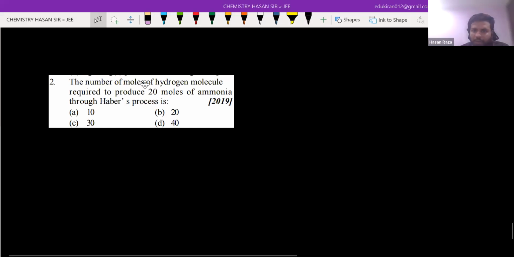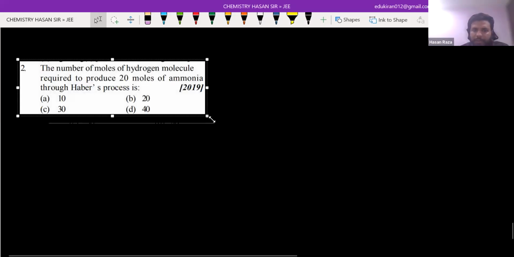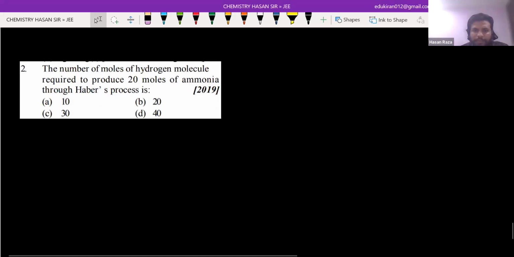I'll be explaining this limiting reagent soon. Okay, everyone. You can try this question if you want. I'll explain the mechanism and the concept behind the question, as well as give you the solution.